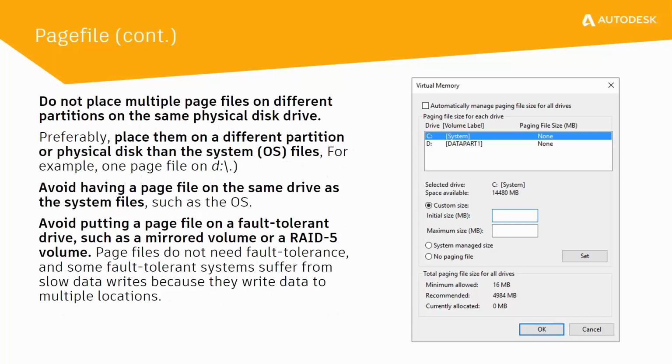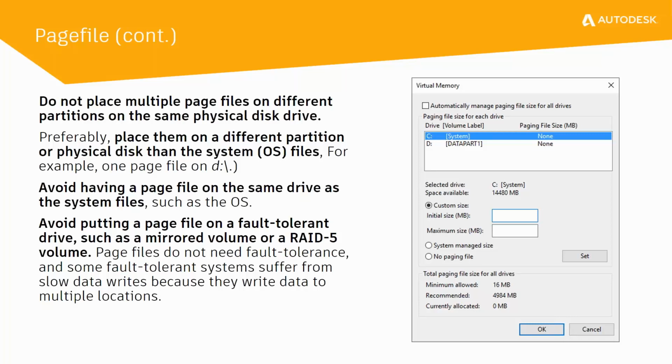A little bit more information on page files. So don't place multiple page files on different partitions on the same physical disk. So if you've got a physical disk that's got partitions, don't be placing page files on each of those partitions. Place them on different partitions or a physical disk than the operating system. So where possible, try not to have your page file located on the same partition or disk as your operating system.